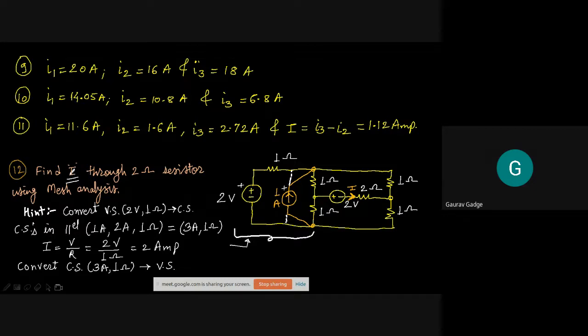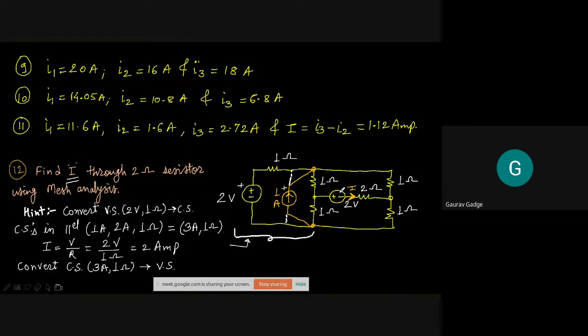That current I, its orientation is from left hand side to right hand side. So this is the current that you have to find out. Okay. I think this particular hint is sufficient. You can easily solve this numerical. Tomorrow we will see the answer to this numerical.